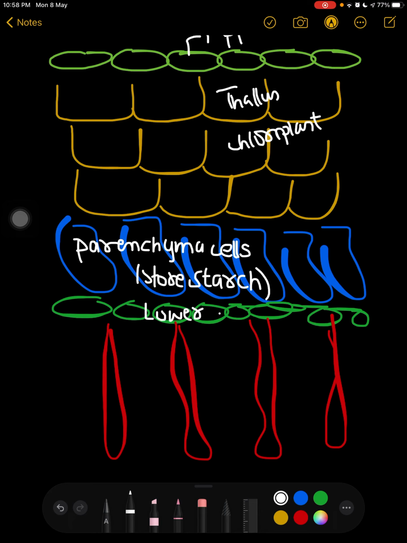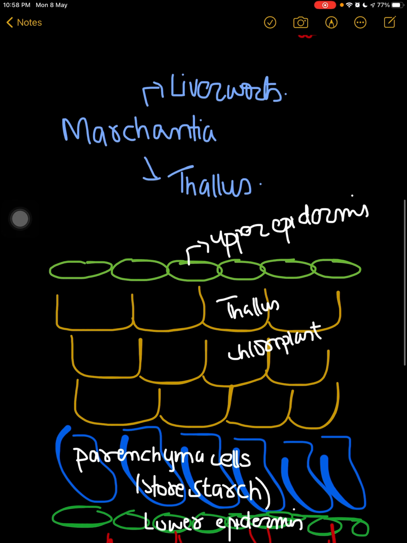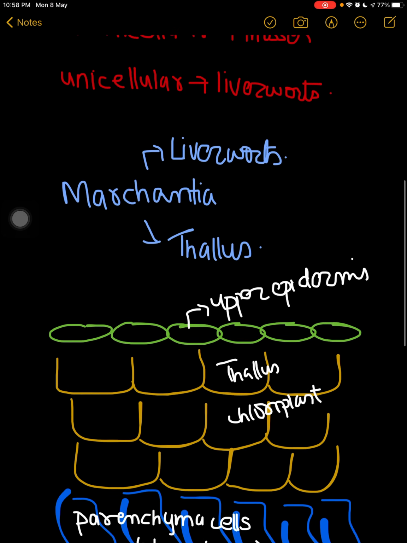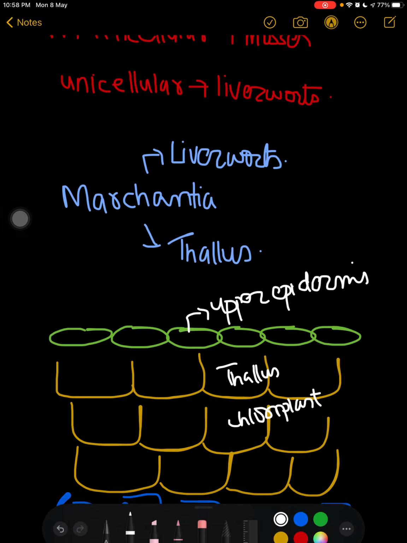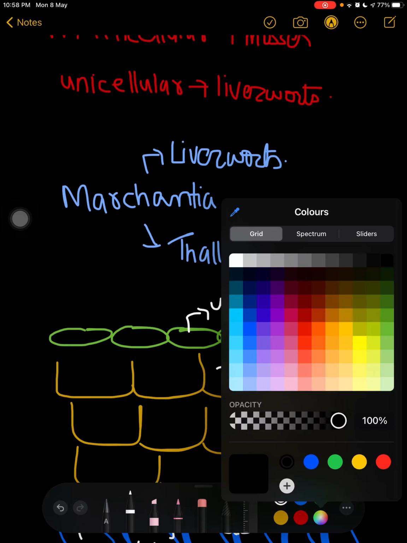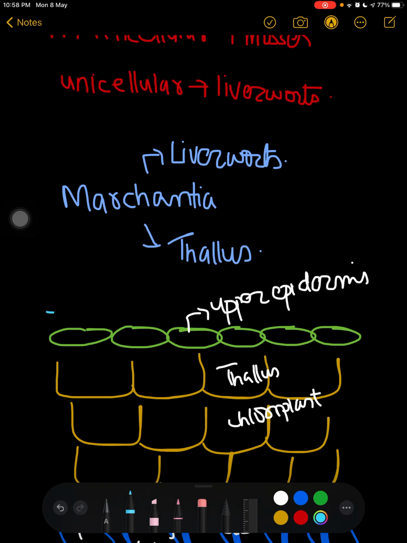This is the lower epidermis, and this is basically the rhizoid, right? It increases the surface area to absorb water. We also have the cuticle layer over these rhizoids.